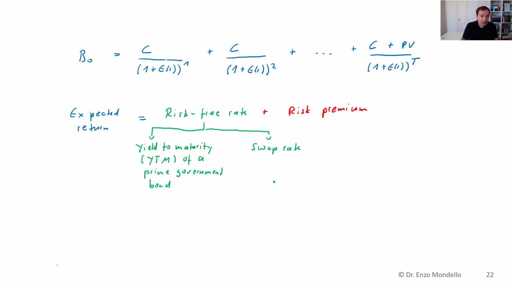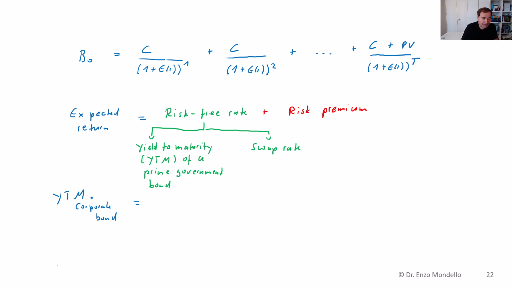Now, if we calculate the expected return using the yield to maturity of a risky bond, so I take here for a risky bond a corporate bond, the yield to maturity, that's the annual expected return if we hold the bond until its maturity.